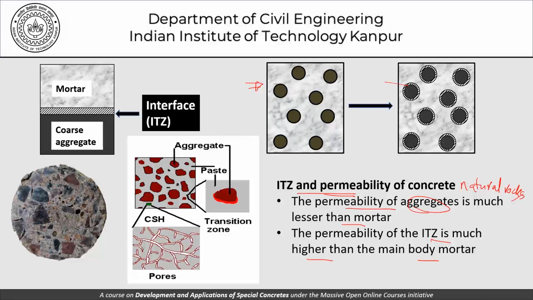The main body mortar is the mortar here, and the ITZ is here. So this is the main body mortar here, this is the ITZ here. So the ITZ porosity is higher than that in main body mortar, and this kind of a discussion is what determines the permeability of concrete.